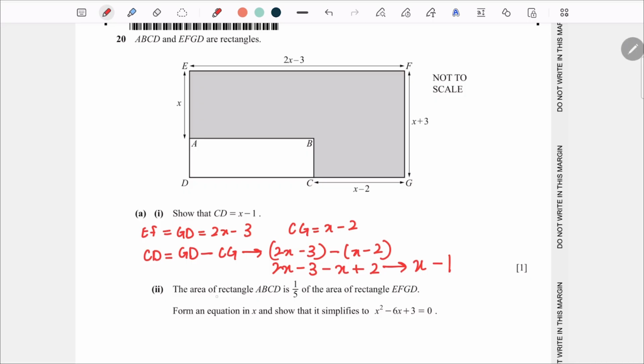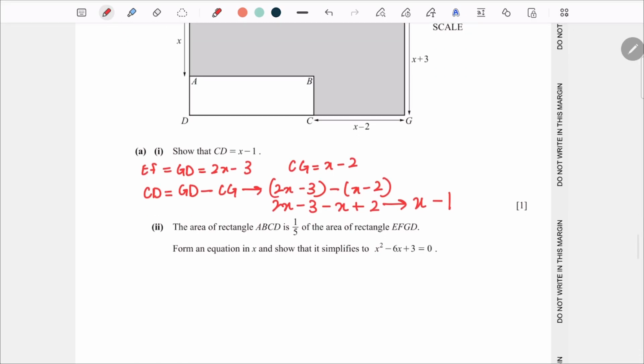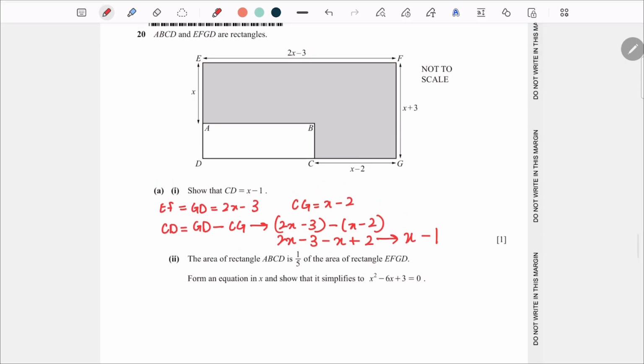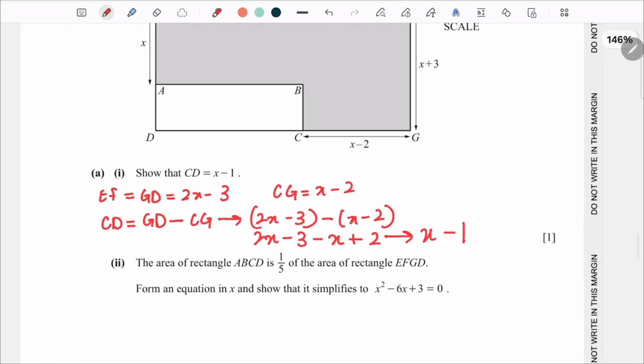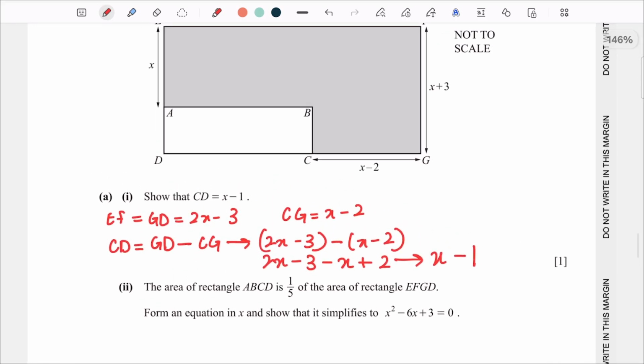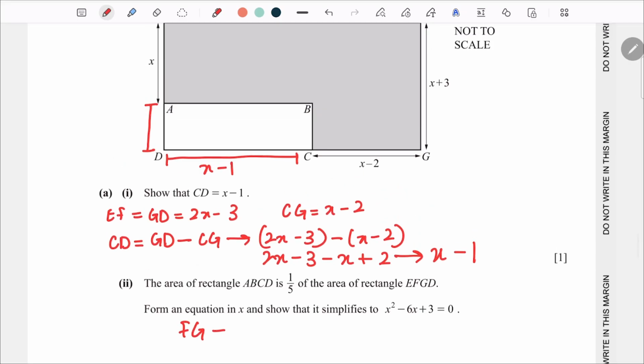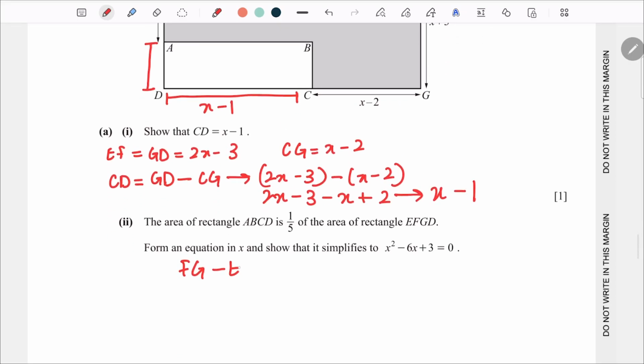In part 2, the area of rectangle ABCD is 1/5 of the area of rectangle EFGD. Form an equation and show that it simplifies to x squared minus 6x plus 3 equals 0. So for the rectangle ABCD, we have the length, that is x minus 1. We need to find the width, and this width can be found by subtracting FG from EA.